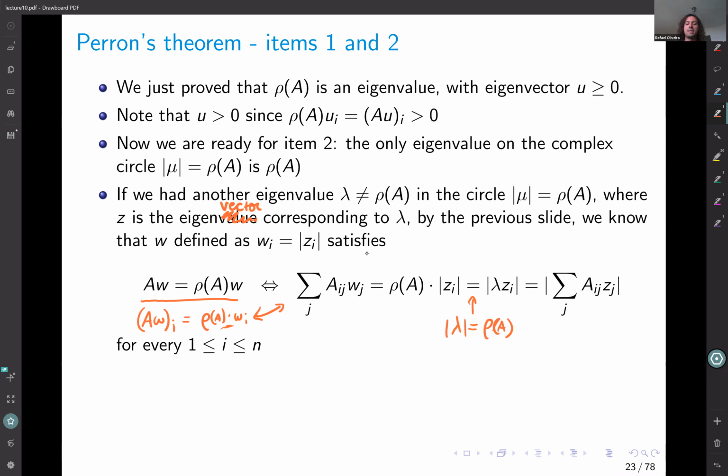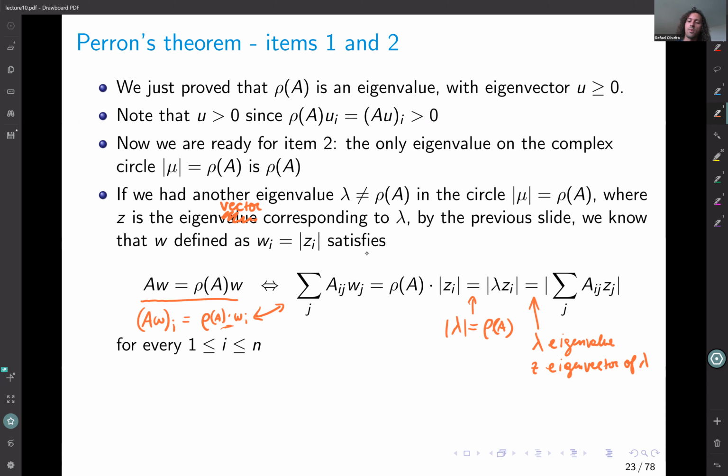Now, what is lambda times Zi? If you remember, because lambda is an eigenvalue and z is the corresponding eigenvector, lambda times Zi is exactly the same as the sum of Aij times Zj.